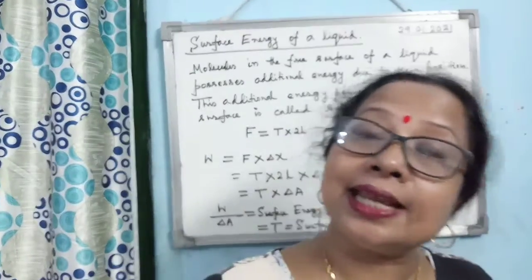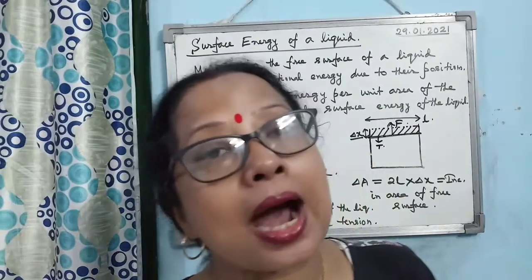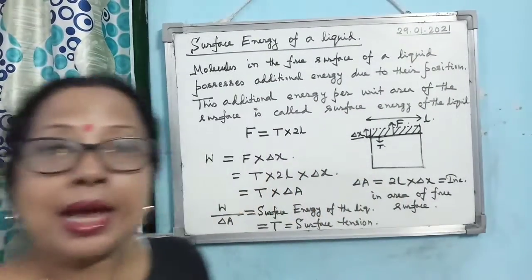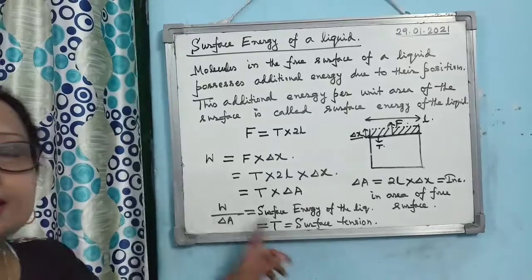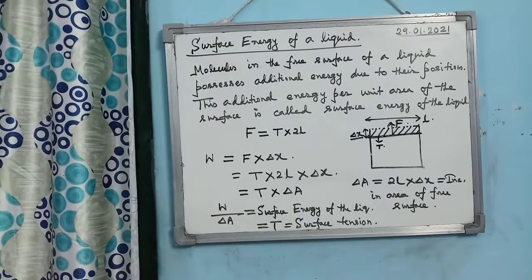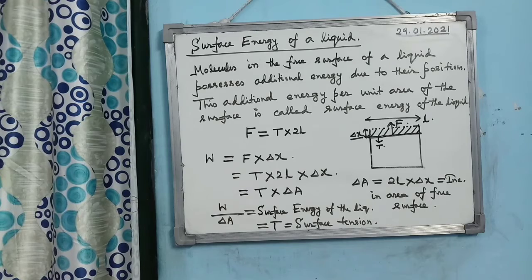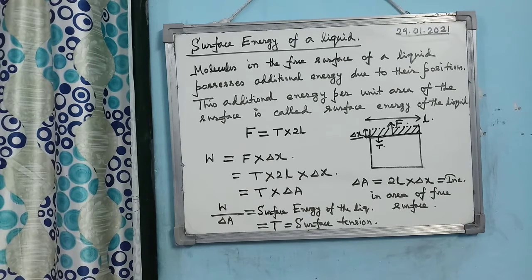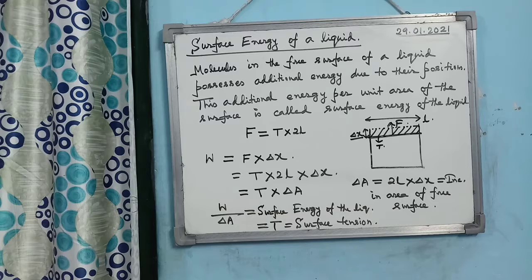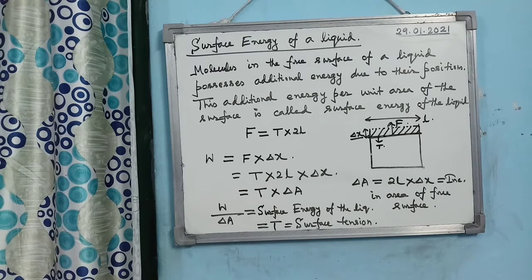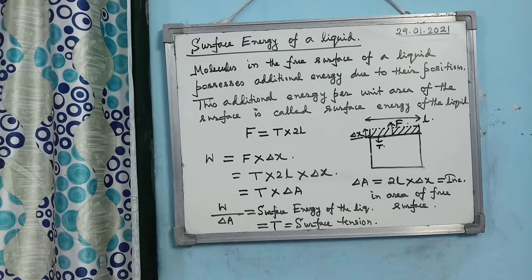It is the tangential force acting per unit length. Okay, but numerically their values are equal. What is the unit of surface energy of a liquid? It will be joule per meter square. Whereas what is the unit of surface tension? That is Newton per meter.